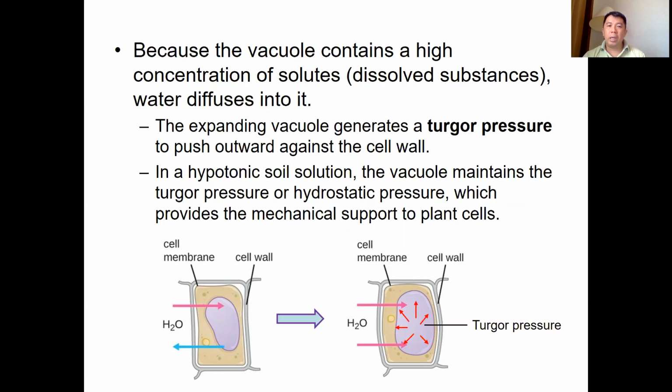Therefore, in a hypotonic solution, the vacuole maintains the turgor pressure by providing mechanical support to the plant cell. That's why herbaceous plants and monocotyledonous plants are highly dependent on this turgor pressure for mechanical support.